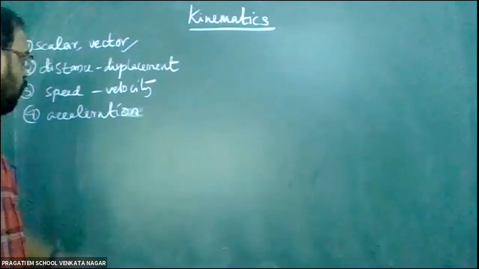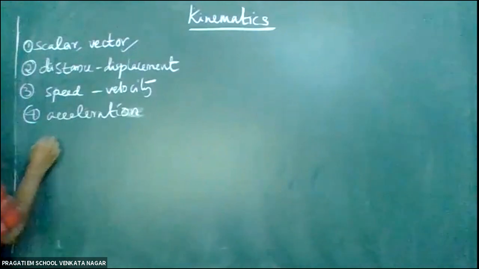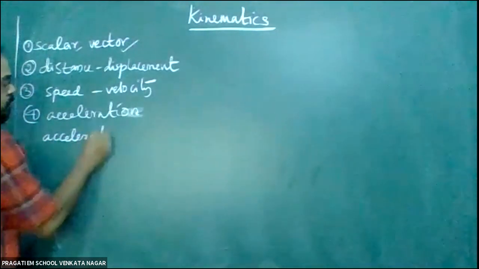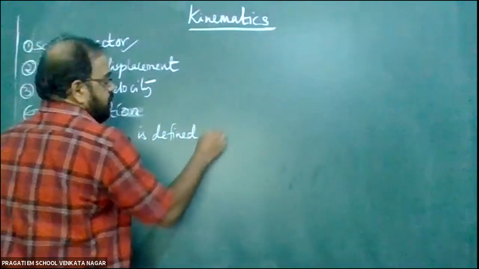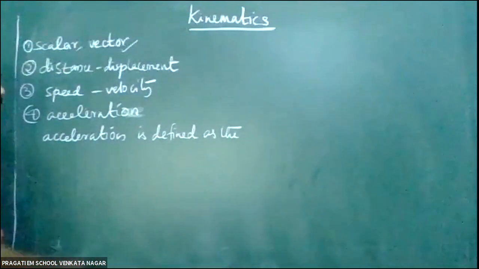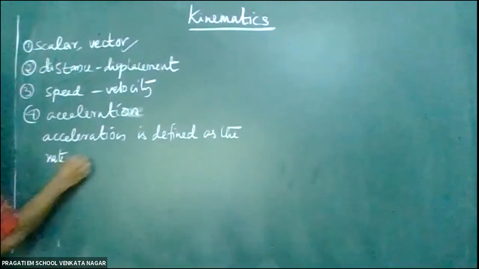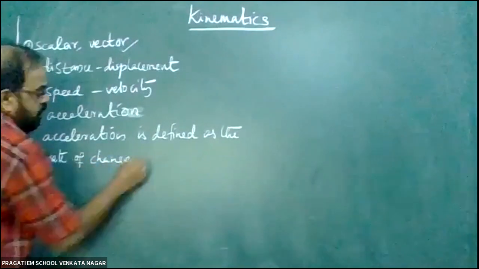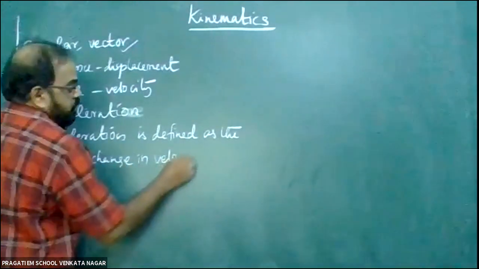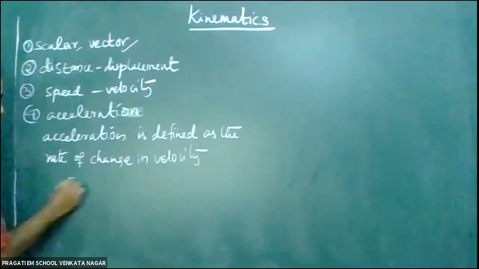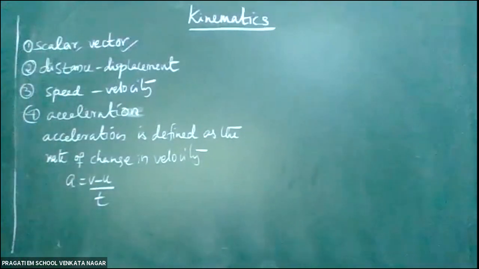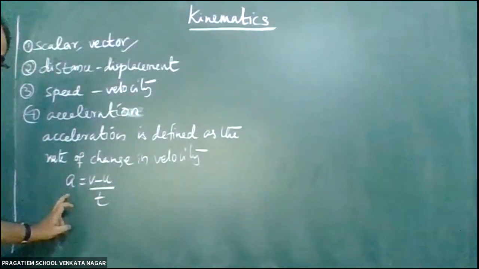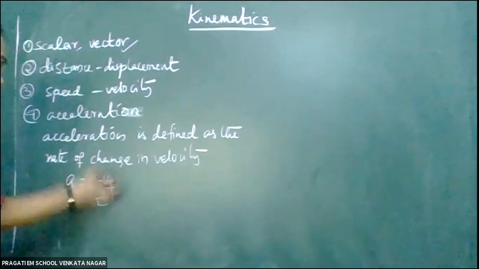So I say once more, acceleration is defined as the rate of change in velocity, or a is equal to v minus u by t. This is the simple formula for acceleration. a is equal to v minus u by t.